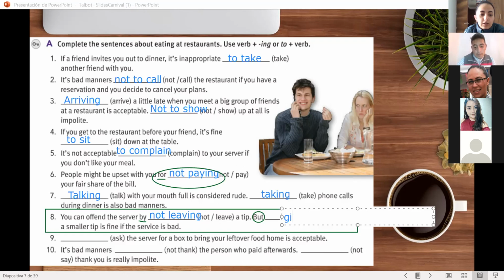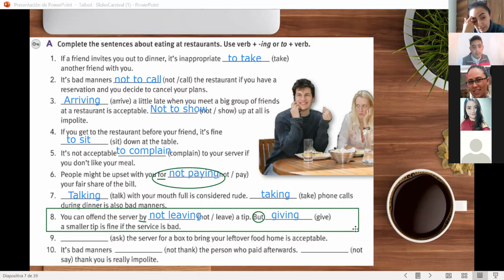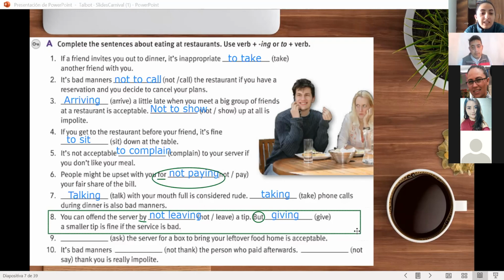But giving a smaller tip is fine if the service is bad. ¿No es cierto? Aquí dice, se puede ofender al mesero si no se deja propina, pero dejar una propina muy pequeña, qué sé yo, por ahí le dejan unos 25 centavos, unos 5 centavos, quiere decir que no estuvo tan bien el servicio, ¿no? Ellos ya se dan cuenta por la cantidad de dinero que dejan de propina de qué tan bueno estuvo el servicio.